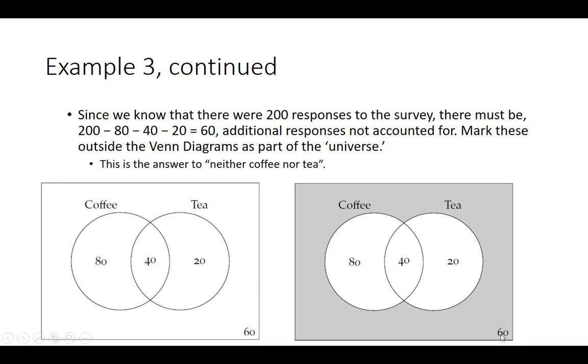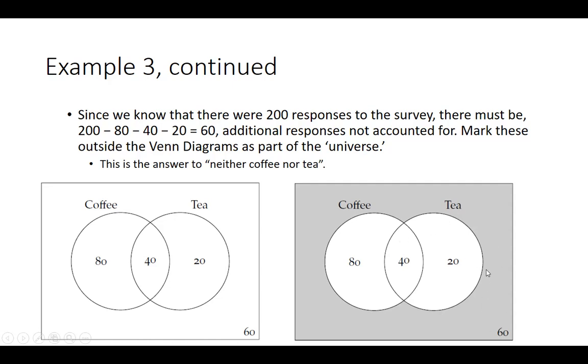They are still part of the universe, but since they're not within the circles, they must be outside of it. And now, sure enough, 80 plus 20 is 100, 40 plus 60 is 100, 100 plus 100 is 200. So we do have all of the survey responses accounted for at this time.